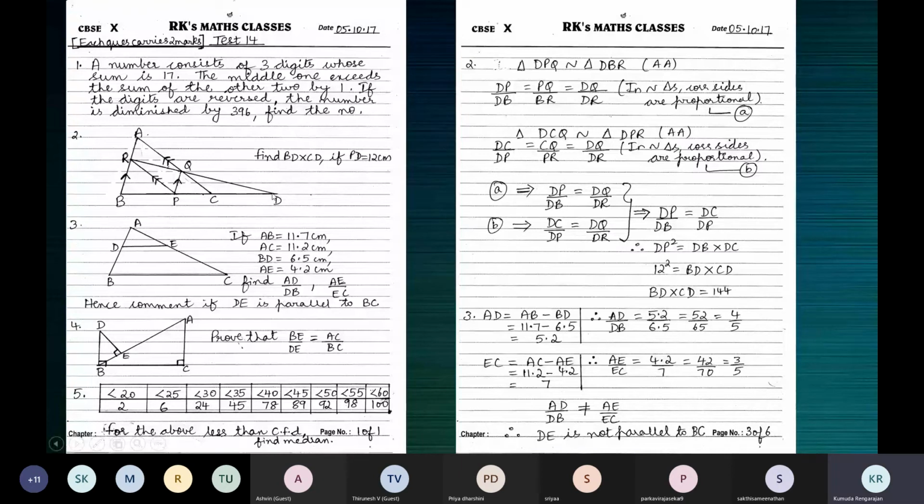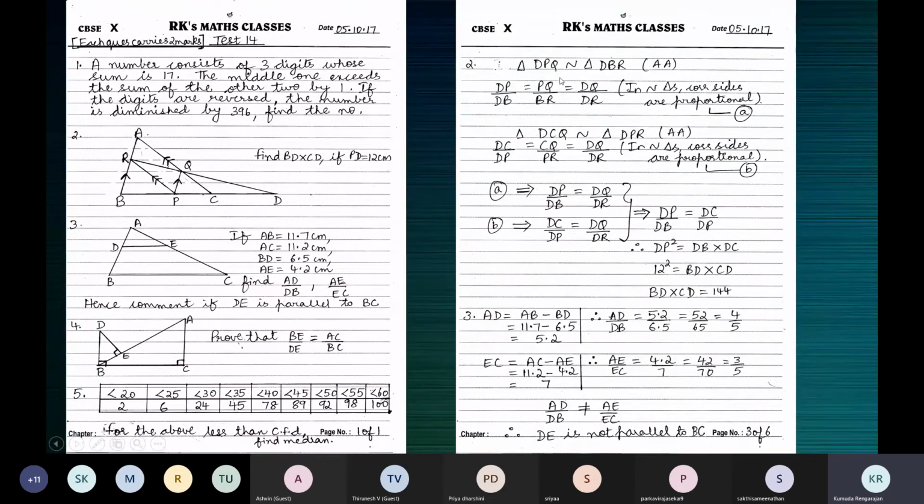Yeah, so this is one triangle. We took up the triangle DRB. In DRB, we have DQP. Children, remember the first triangle we took, DRB. And the small triangle, DQP, inside it.